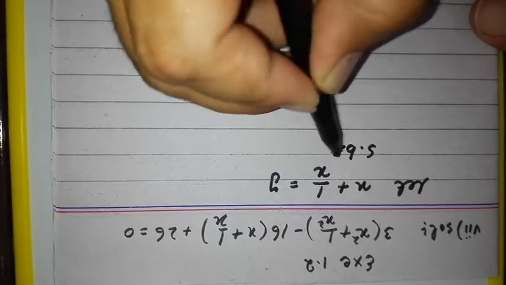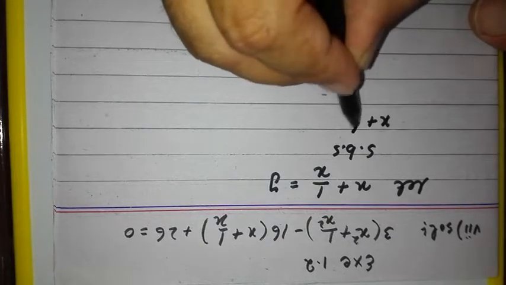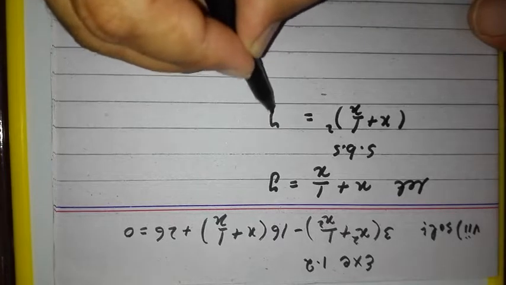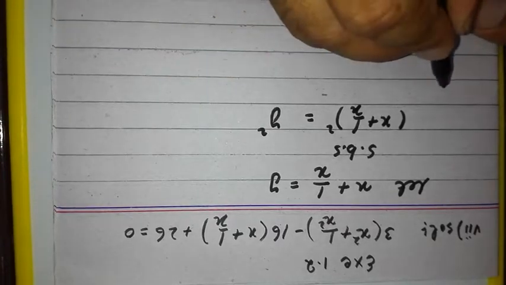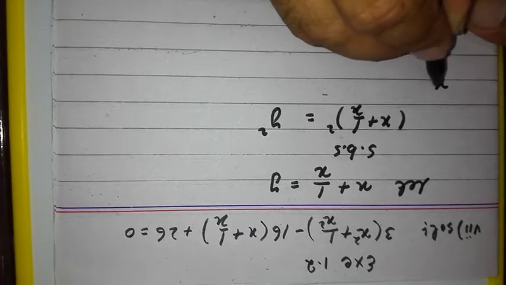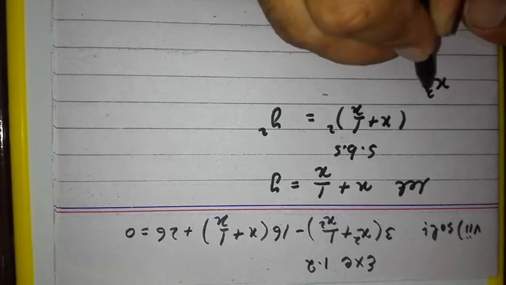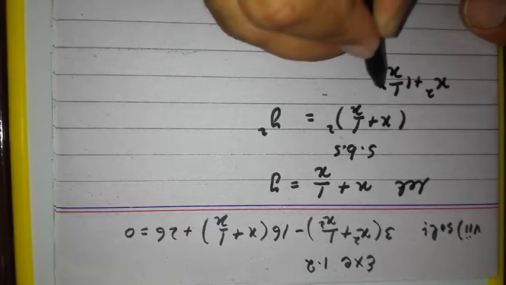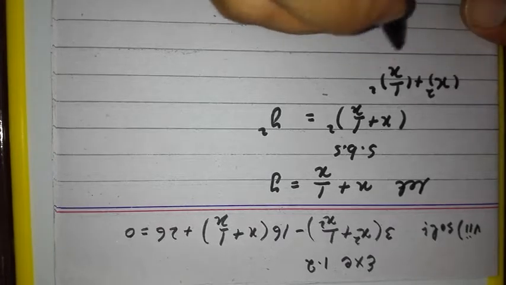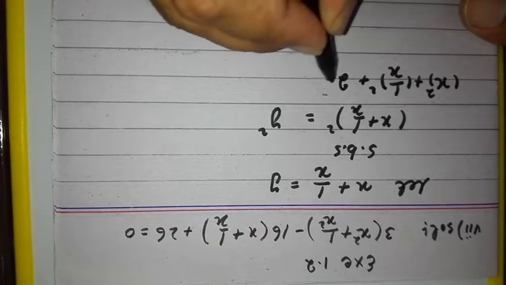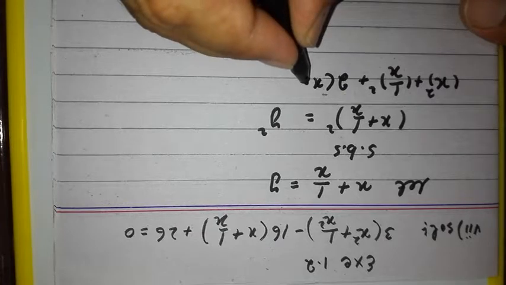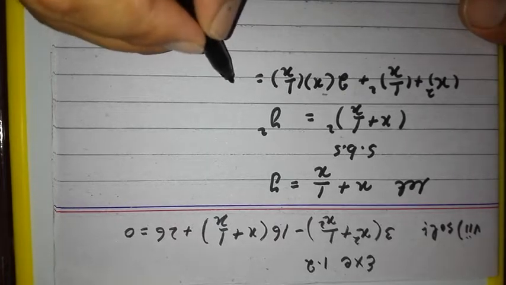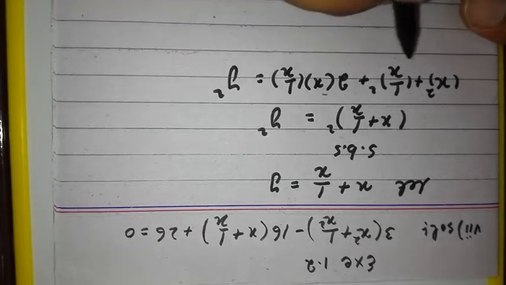Squaring both sides, we get (x plus 1 by x) whole square equals y square. Expand the square: x square plus 1 by x square plus 2 times x into 1 by x equals y square.